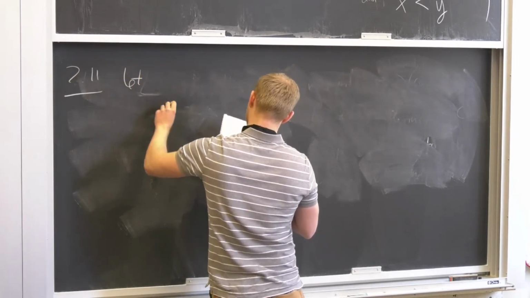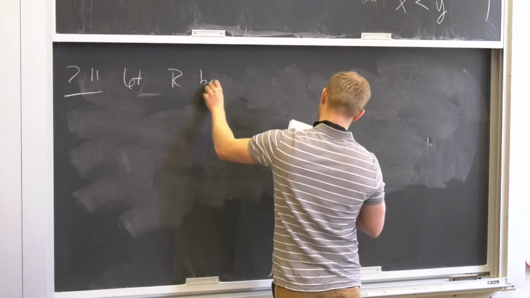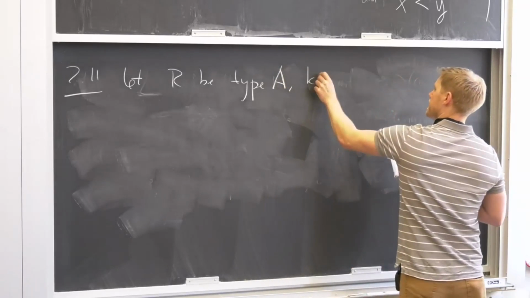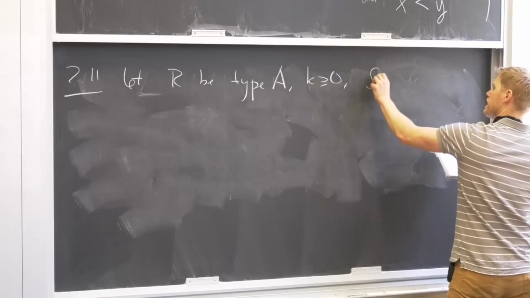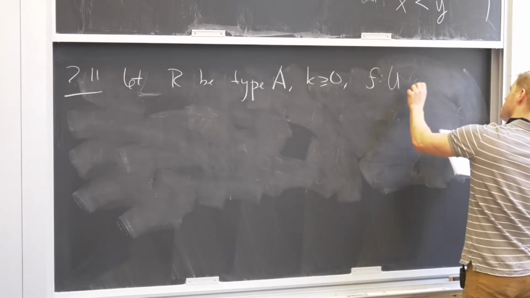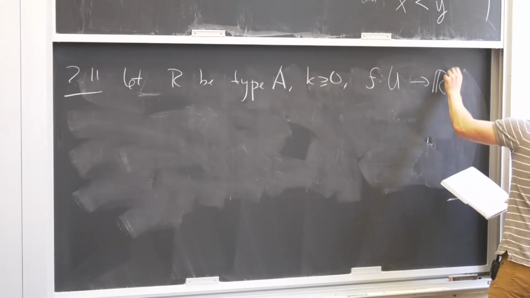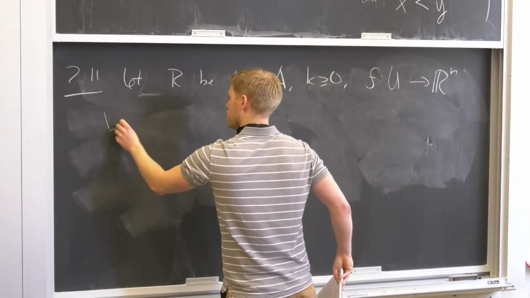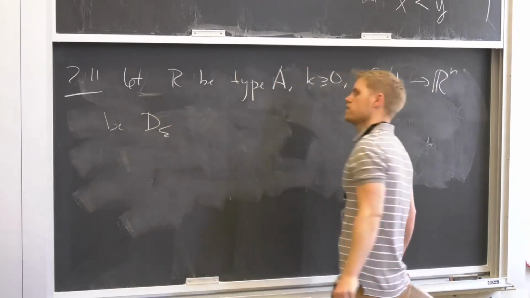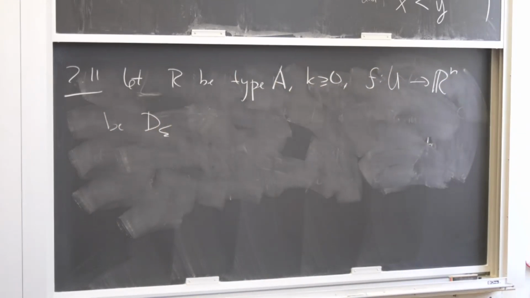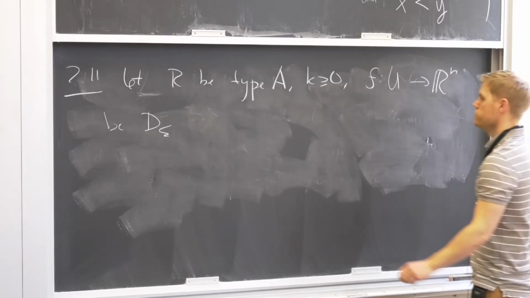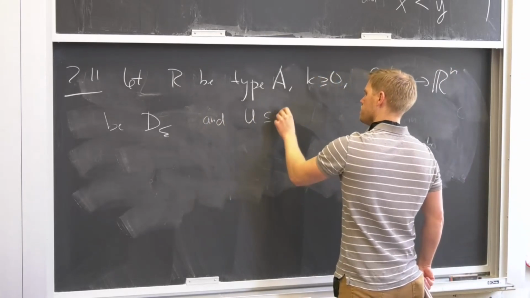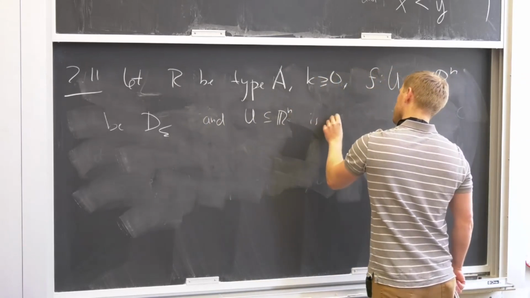So let R be of type A, let K be larger than 0, and let f from U to V be d sigma. So here, when I say a function is d sigma, I of course mean that the graph is d sigma, and I want U to be open in R to the n.